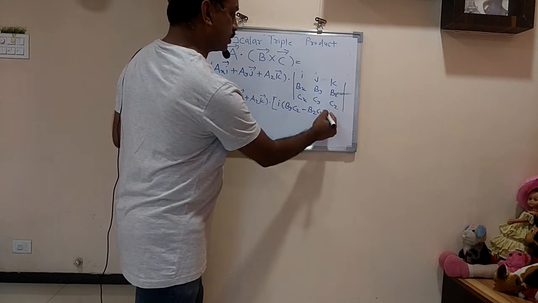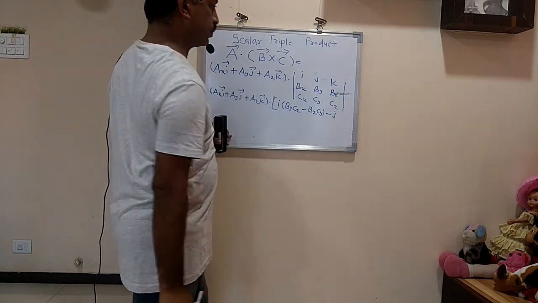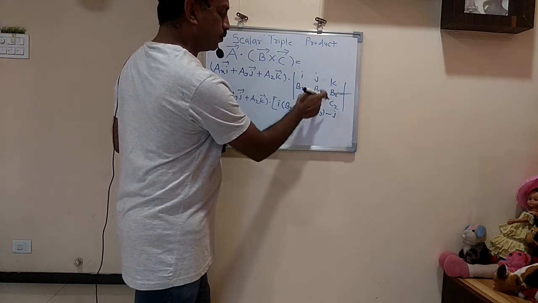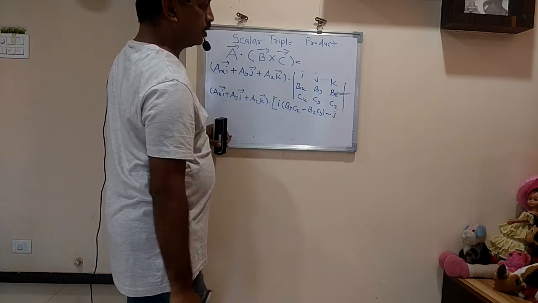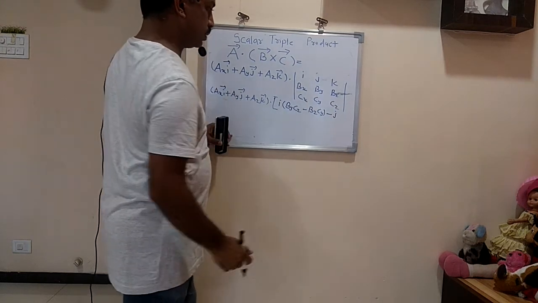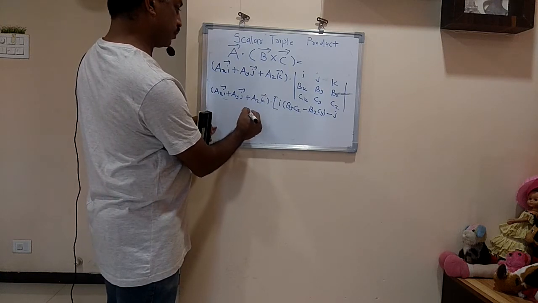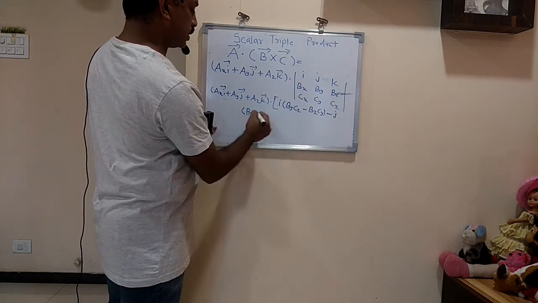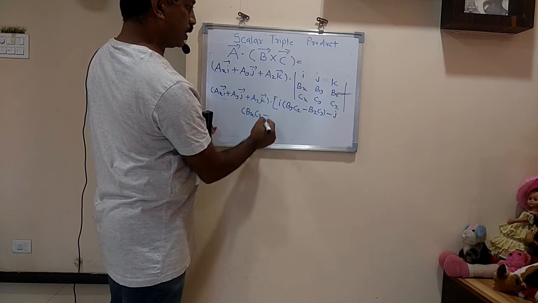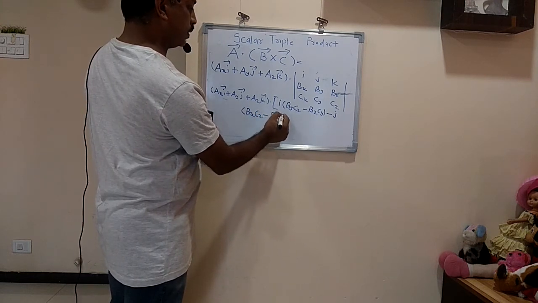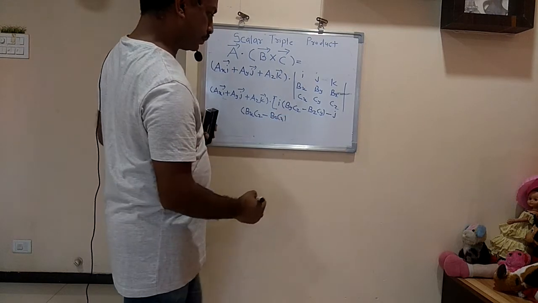For the second term, minus j: don't consider the terms below j, and take the cross multiplication, bx cz minus bz cx.